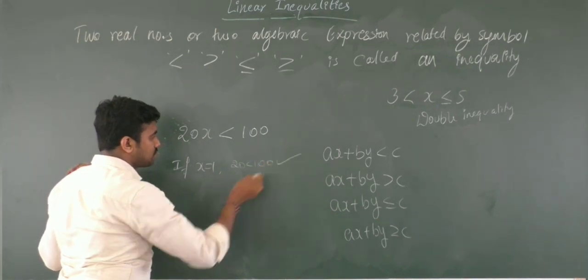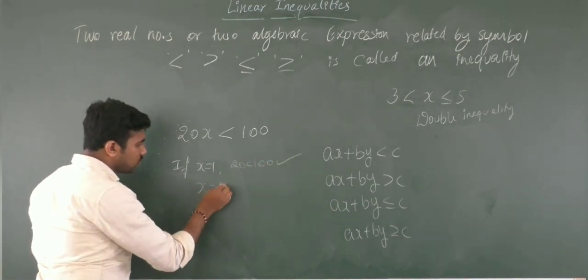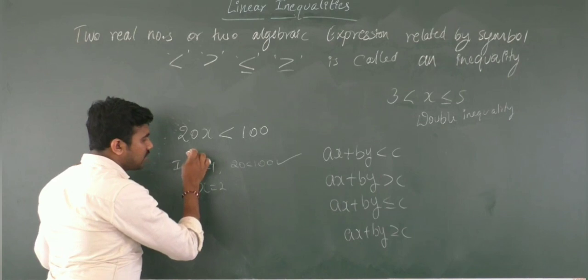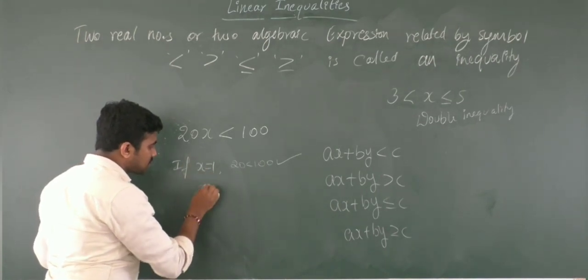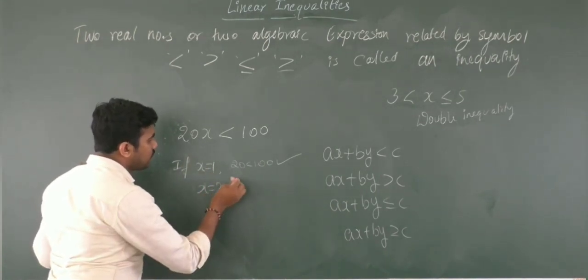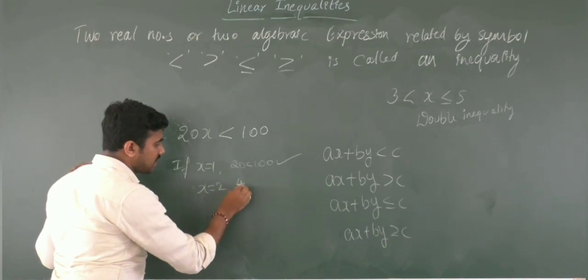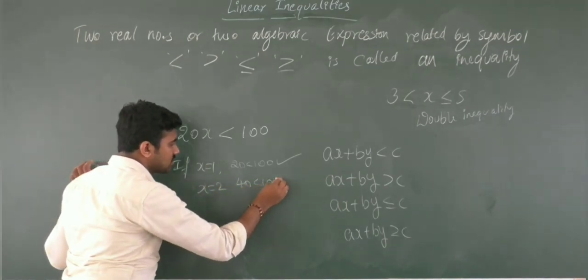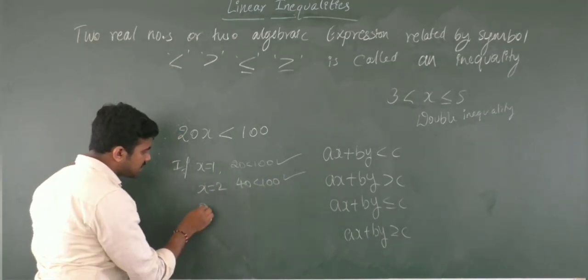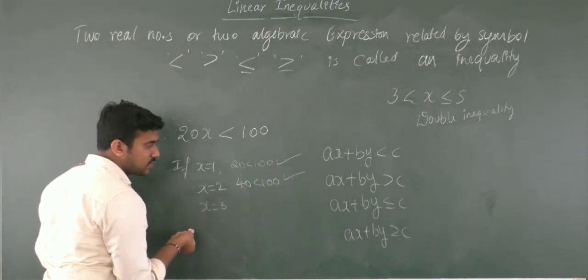This is true. If x is 2, then 20 into 2 is 40, clearly less than 100. So this is true. If we put x is equal to 3, what will we get?